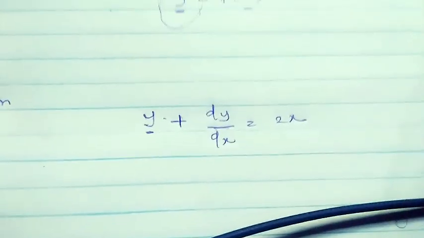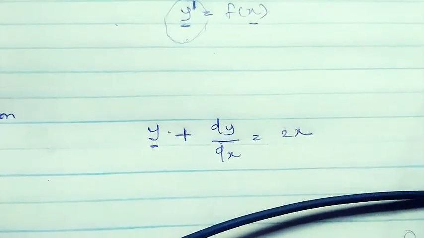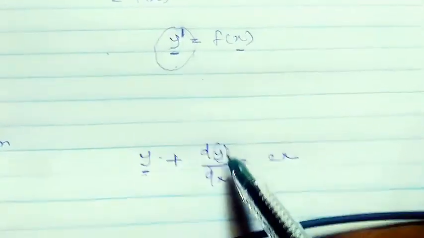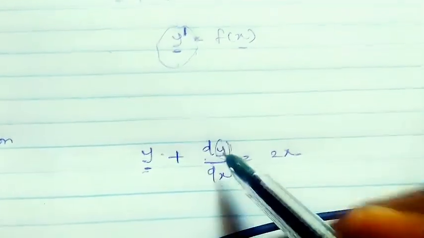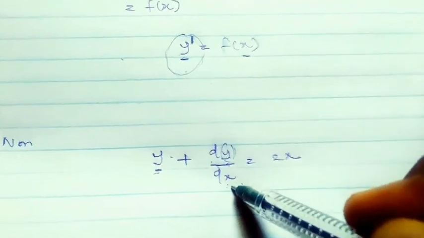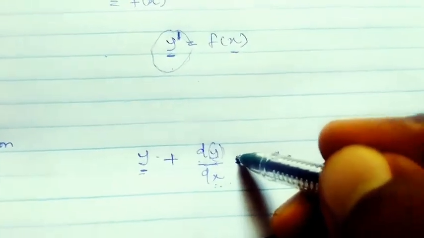Now this is a linear differential equation. Why? Because we have a dependent variable which is added to its derivative, dy/dx, the derivative of y with respect to x, and it is equal to a function of x.